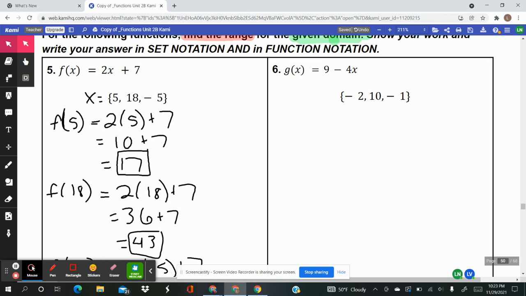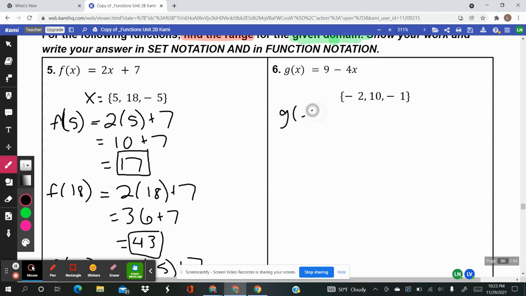So let's try number 6. G of x equals 9 minus 4x. So G of negative 2 is 9 minus 4 times negative 2. So this is 9 plus 8, which is 17.